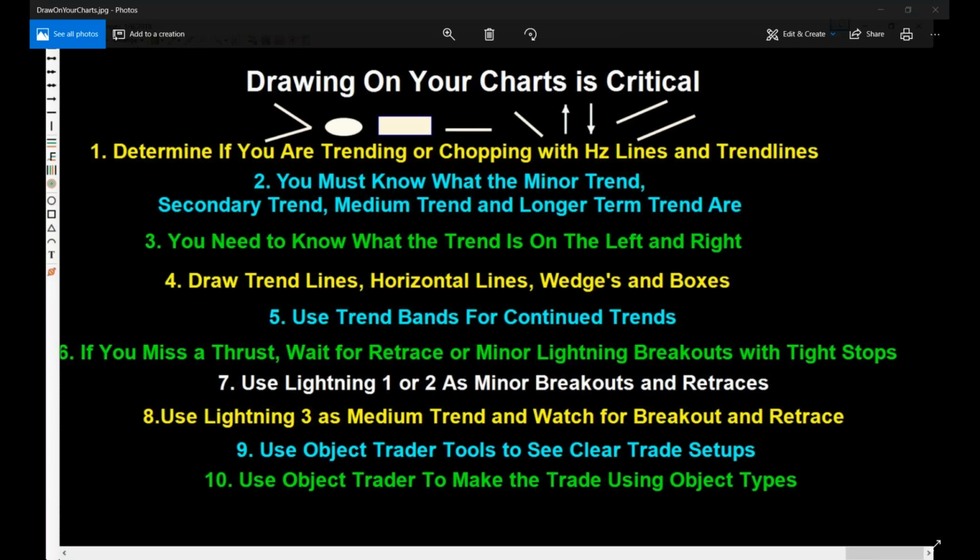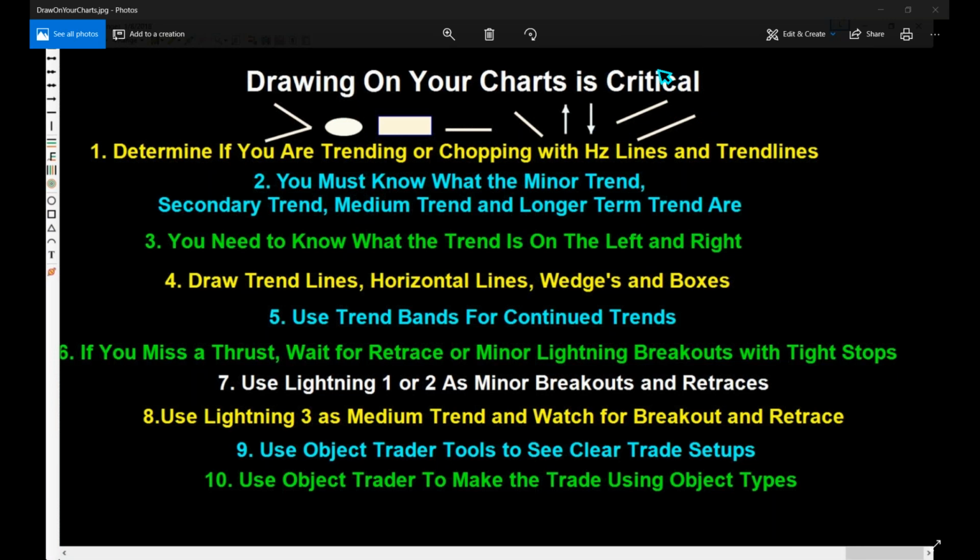Now, real quick, just so everybody gets a little refresher course, be sure and pause this when you're actually watching this video, because it is extremely important to draw on your charts. I recommend drawing wedges, ellipses, boxes, lines, rays, what direction the trade's going to go, and even channels. It's up to you how many of these you want to use, but I highly recommend it.